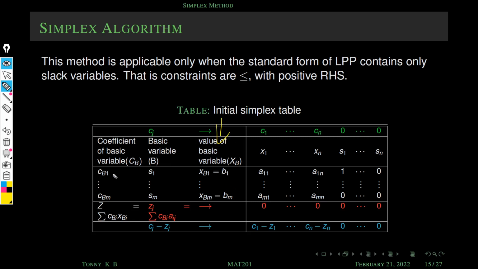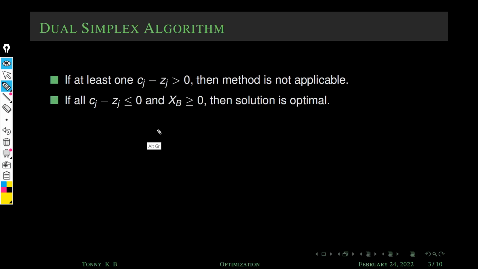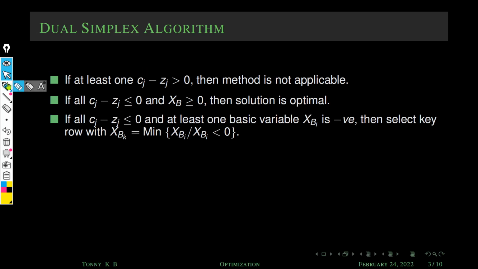This is the present value of the basic variables. Whatever variables are in this table, they are basic, and this is the corresponding value of each basic variable. If all Cj minus Zj are less than or equal to 0 and xb is also greater than or equal to 0, then the solution is optimal.